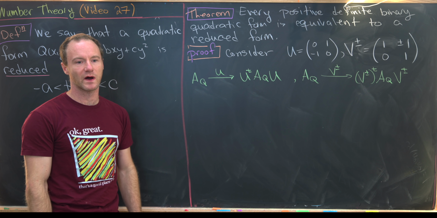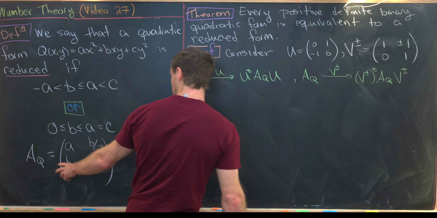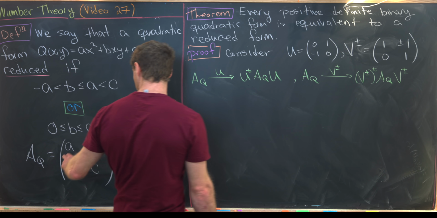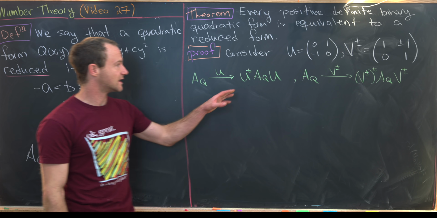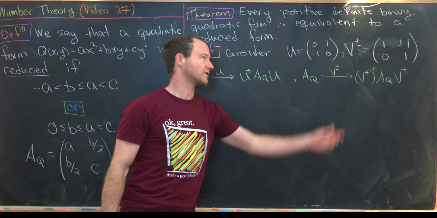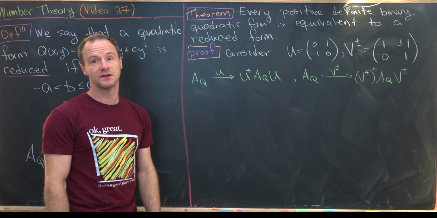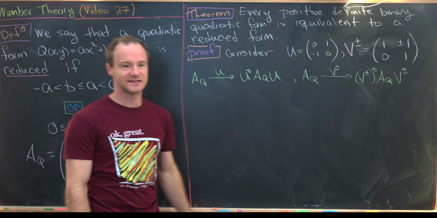I think this is going to be quite time saving. Okay, so now we've set AQ equal to this object right here, and these numbers are arbitrary at the moment. What we want to do is apply these 2 operations, which notice leave you with an equivalent quadratic form, until one of these is satisfied.